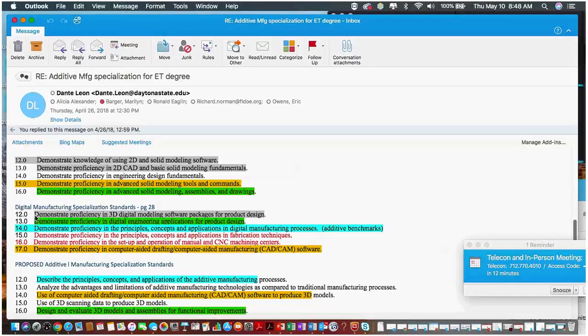That actually works fine for me. Did Marilyn tell you one of the ideas I'd had was looking at an ASET degree that was just an ASET with no specialization attached to it? I didn't get to that yet. Okay. I think it would be a good idea, Ron, if you went ahead and sketched out what you would do under digital manufacturing.